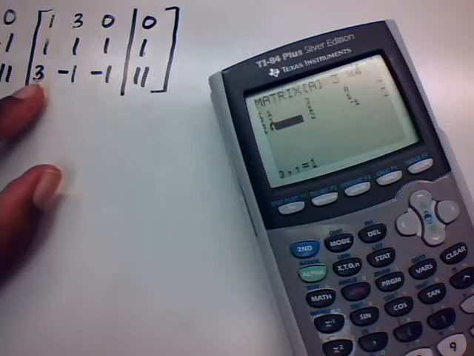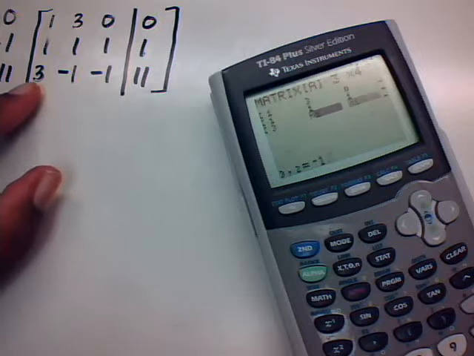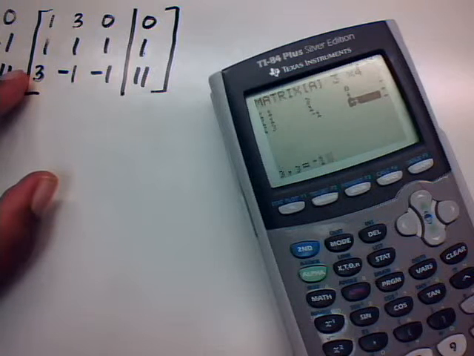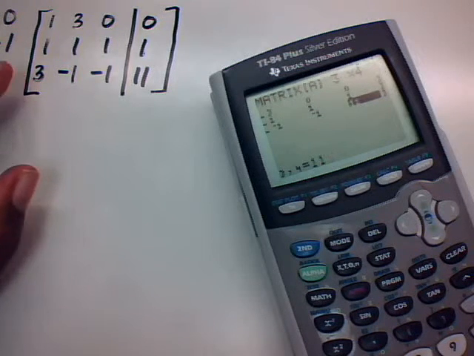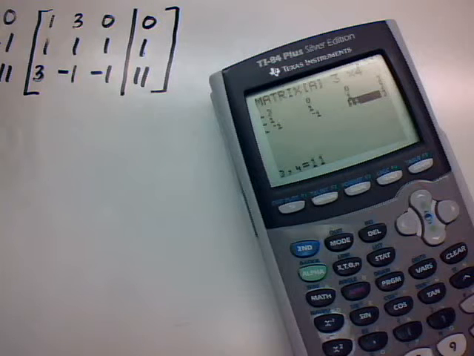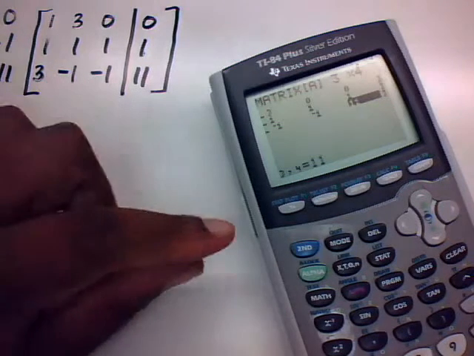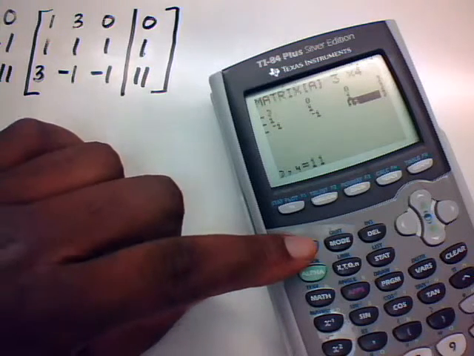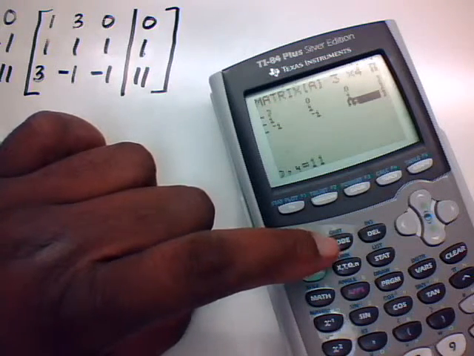The third row, we press 3, enter, negative 1, enter, negative 1, enter, 11, enter. Okay? Because we have to press enter after each element, including the last one. Okay? Now to get out of this, press second and mode.